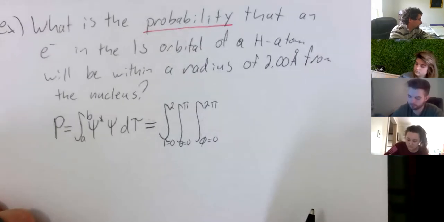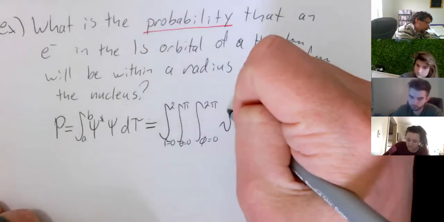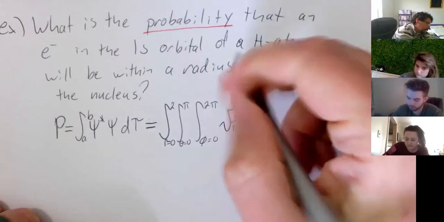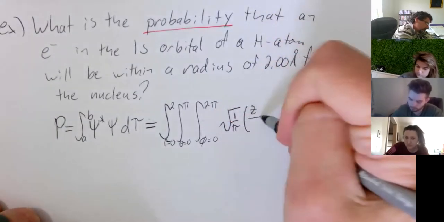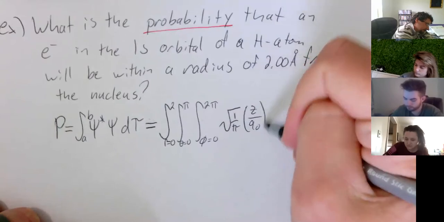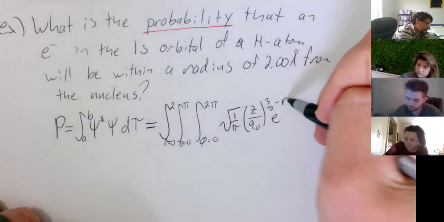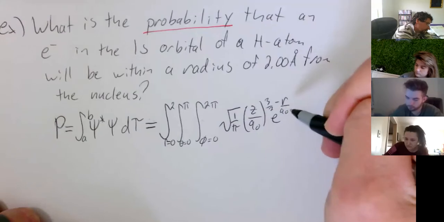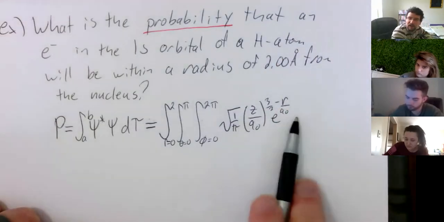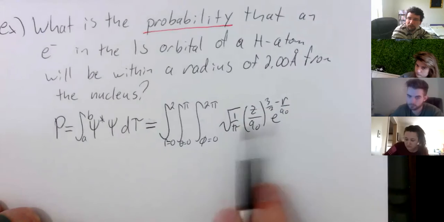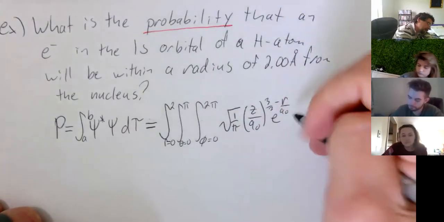Then we have our expression, 1 over pi times (Z over a naught) to the 3 halves times e to the minus Z r over a naught. Is this the complex conjugate, or does the complex conjugate matter? Nope, there's no i, so it doesn't matter.